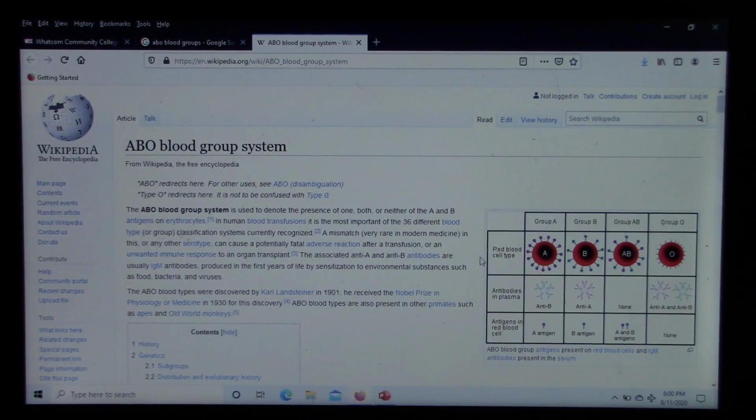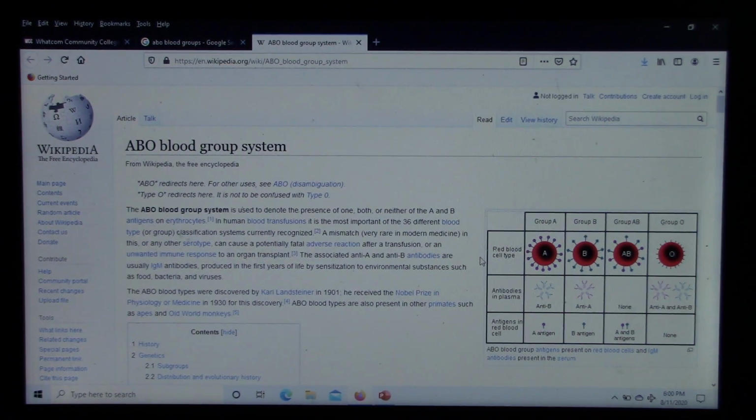Okay? The babies come in because you've got this mother, and let's say she's Rh negative. So she's A negative, B negative, AB negative, or O negative. Any of those. So mom is negative. And dad is positive. And let's say that by that magic of alleles getting together, this fetus is positive as well.